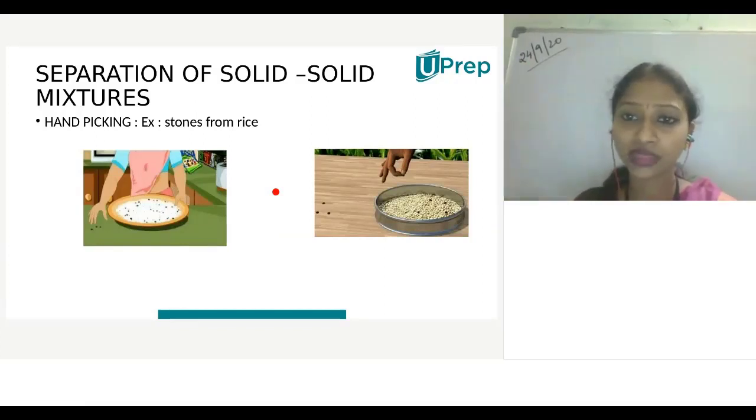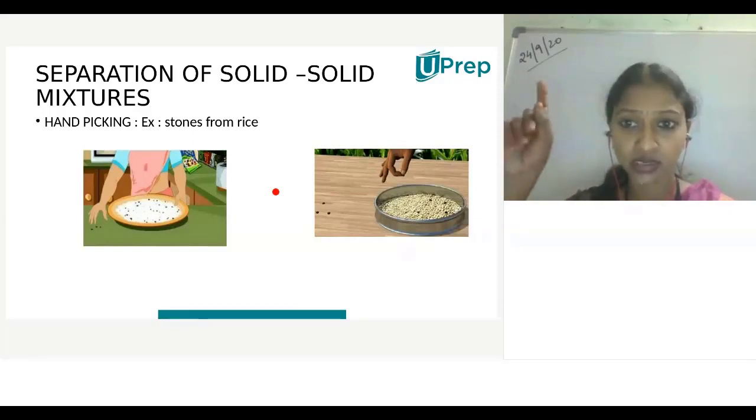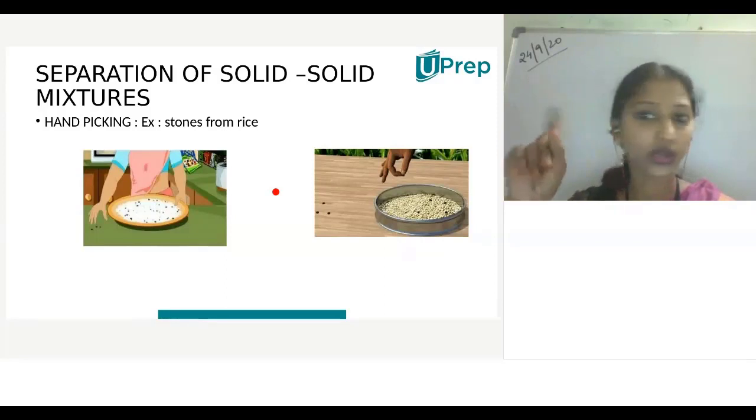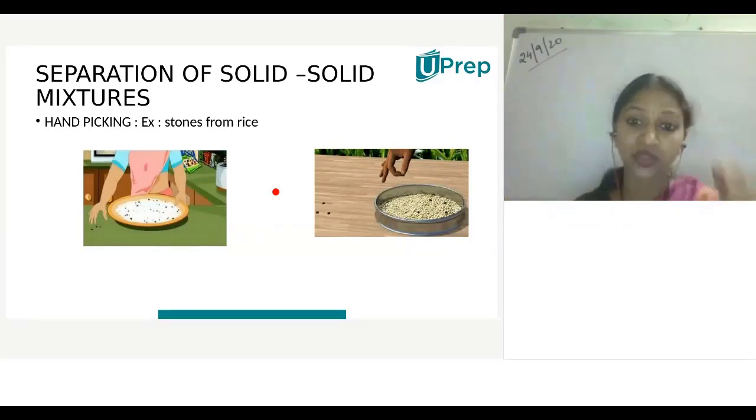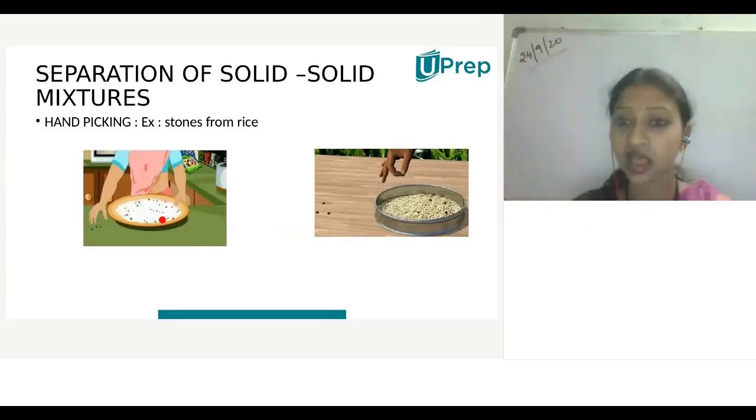When we deal with normal things, we can use our hand. When we make mixtures in the laboratory, we use our hand to pick up things. But in all cases, we can't use hand picking. For example, if the rice contains stones, we can easily pick out the unwanted thing, the stones.